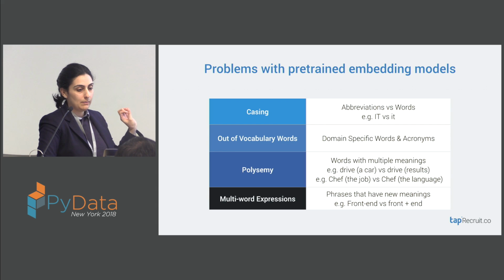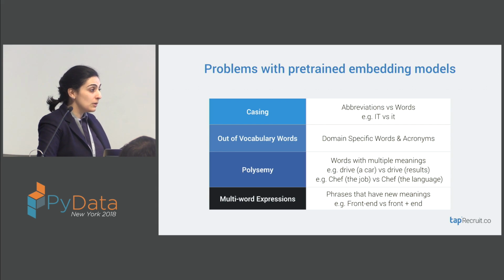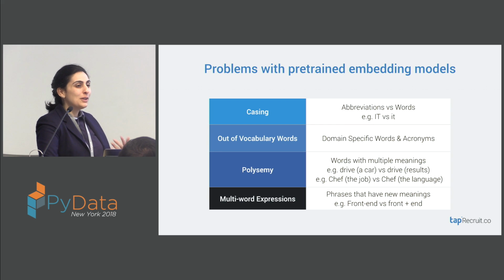There are a lot of issues with out-of-vocabulary words, especially when you're using pre-trained embeddings. In our case, we found that a lot of job description data was not found in any of the conventional embeddings. There's a lot of misspellings, for example. I can tell you that the most frequent word that we have in our job database is "manager", which is not something you find in an embedding because people aren't normally talking about managers.